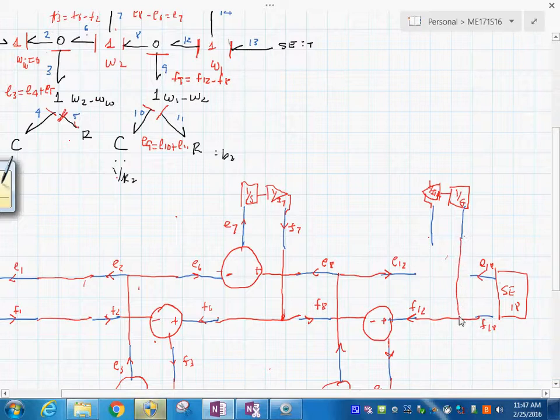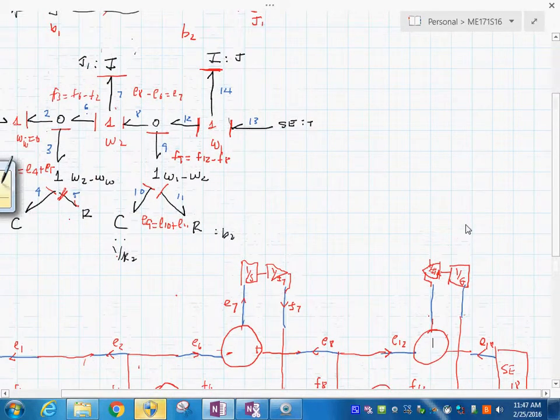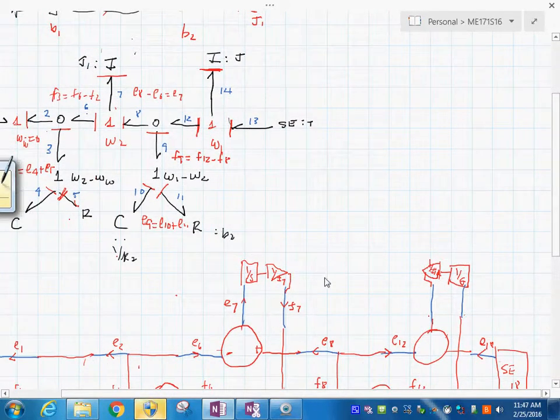I wrote it wrongly here. This is 18. 18 minus E sub 12, is 18, is 13. 13, am I correct? This is not 18, it's 13 here. And so this is E14 is E12 minus E13, and lo and behold, we have basically finished this block diagram in here.